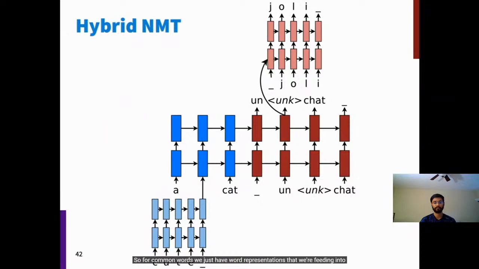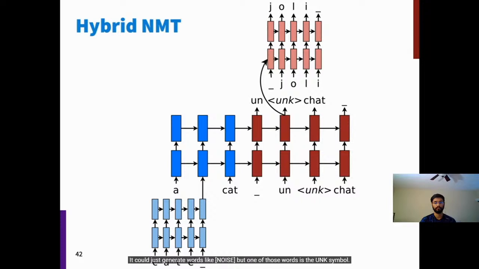So for common words, we just have word representations that we're feeding into our neural machine translation model. But for words that aren't in the vocabulary, we're going to work out a word representation for them by using a character level LSTM. And conversely, when we start to generate words on the other side, we have a softmax with a vocabulary of 16,000.